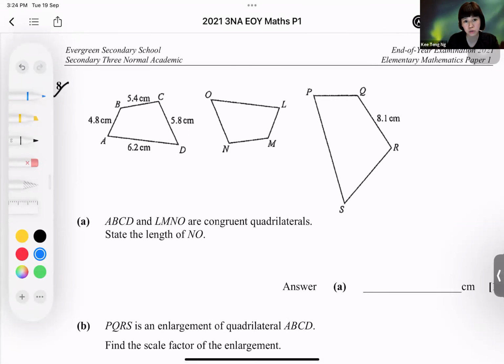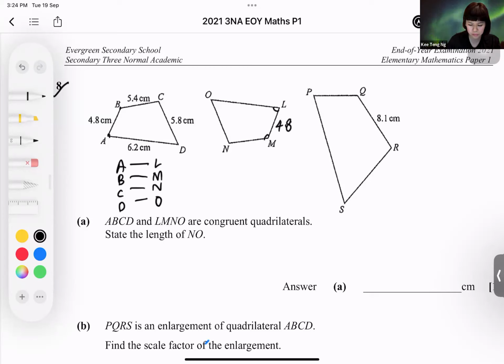Congruent quadrilateral. Congruent, we must always remember to match the labeling, right? You can see this one already tells you A, B, C, D. A, B, C, D match with L, M, N, O. A, L. B, 4.8. M, 4.8.